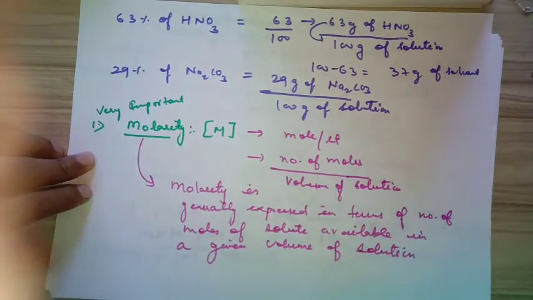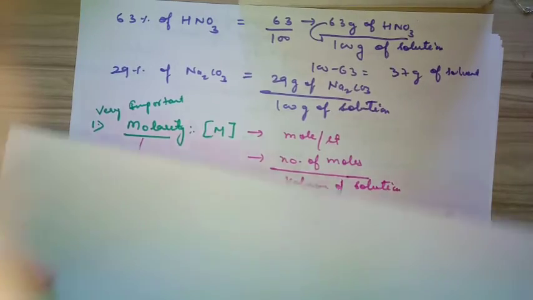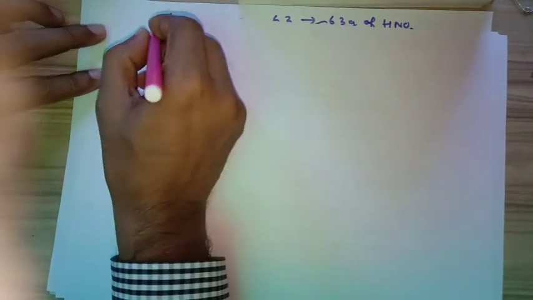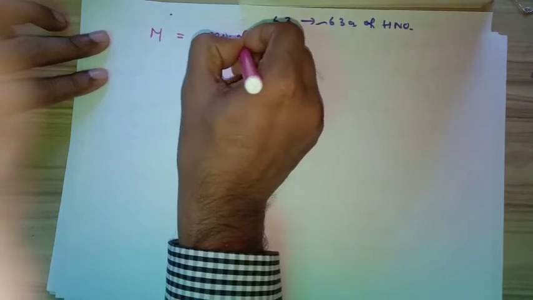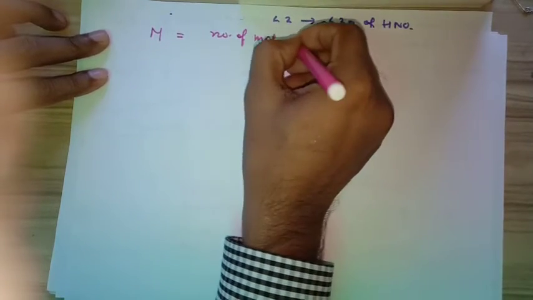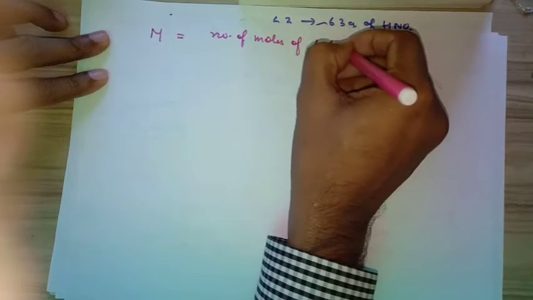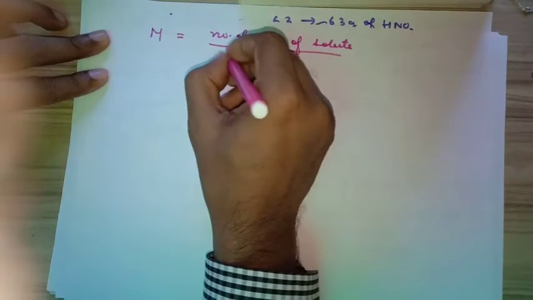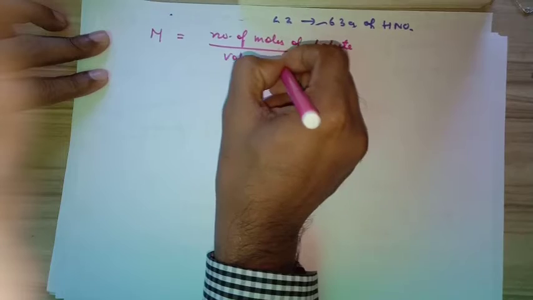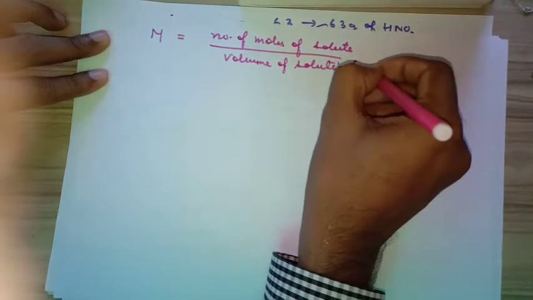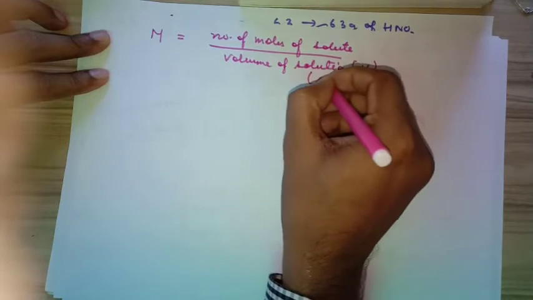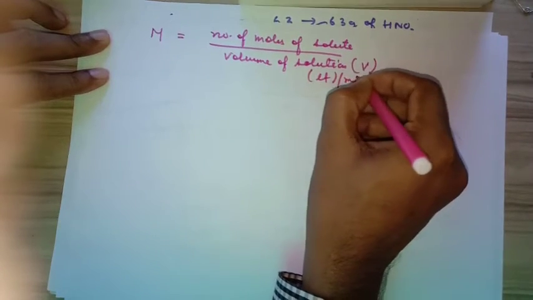So we can say that if we express it, molarity M will be given as number of moles of solute upon volume of solution, that is capital V, and that can be in liter or it can be in ml.